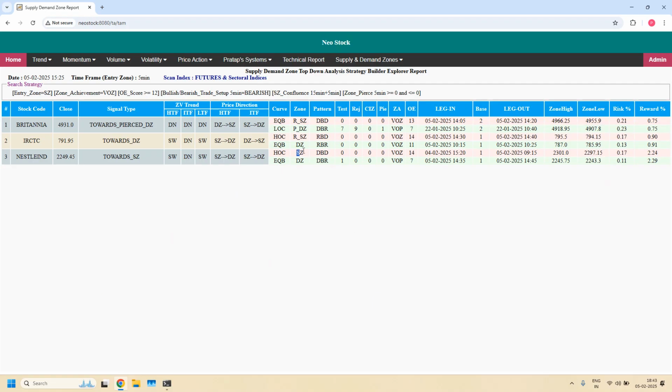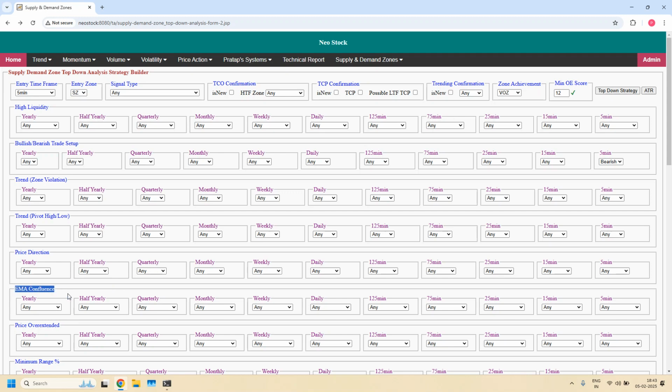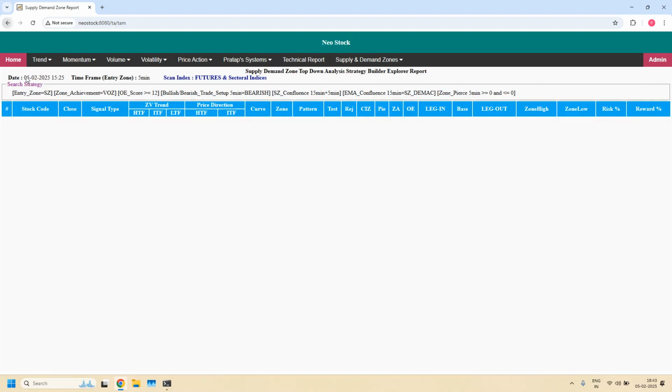That means these 5 minute supply zones are overlapped with 15 minute supply zones. Among these 3, does the 15 minute supply zone have any EMA Confluence? Let's verify daily EMA. In the EMA Confluence at 15 minutes time frame, 15 minute supply zone having daily EMA Confluence. No stocks are there, fine.